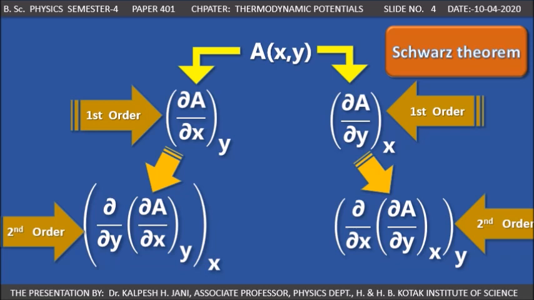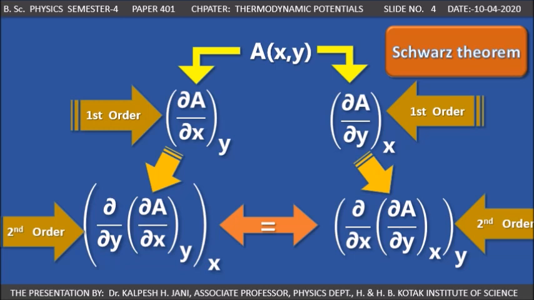And the Schwarz theorem states that these two second order differentiations are exactly equal. So this is what the Schwarz theorem is all about. The second order differentiation is irrespective of the sequence of the variables that we use.